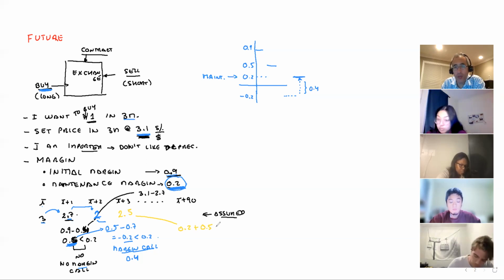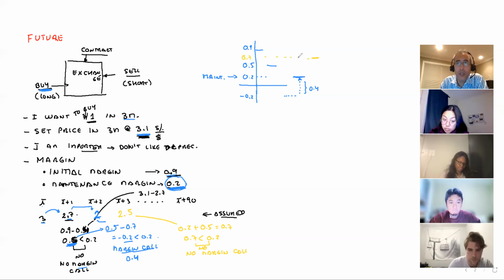So this is equal to 0.7. And then you compare. Is 0.7 smaller than 0.2? No. Then no margin call. So nothing happens. You don't need to do anything. My new margin now goes to 0.7. So I'm going to be around here. So you don't need to do anything.